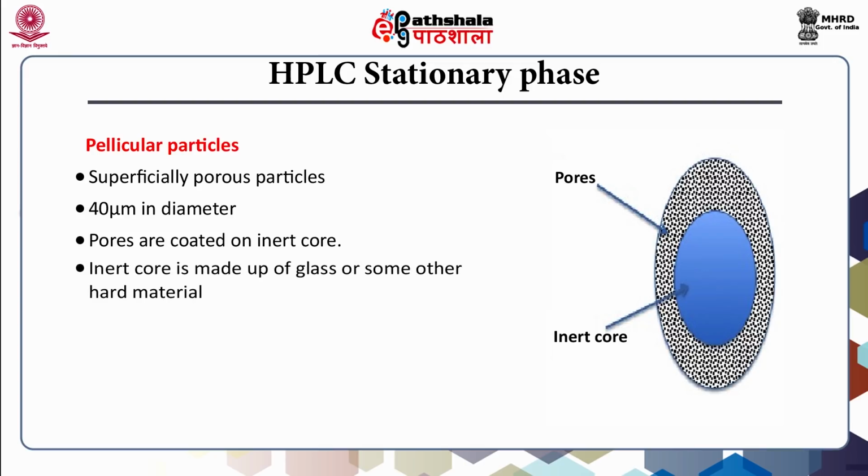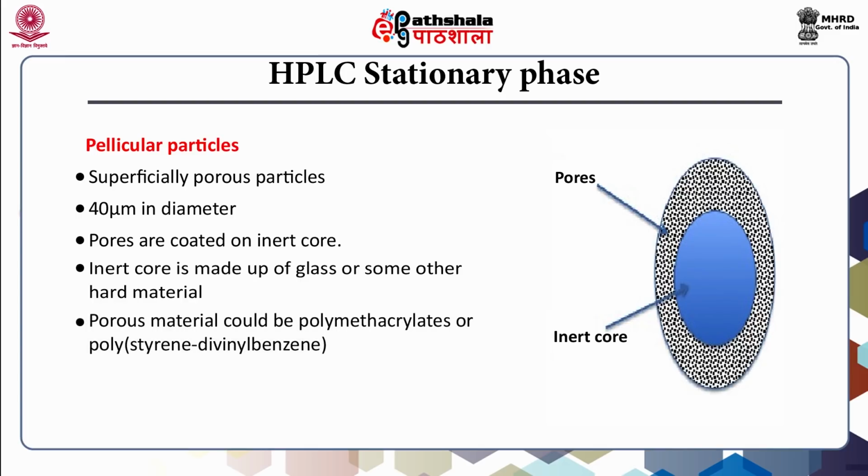The inert core is made up of glass or some other hard material, but the porous material could be made up of polymethacrylates or polystyrene divinyl benzene. So, these are the materials by which the porous material is made.